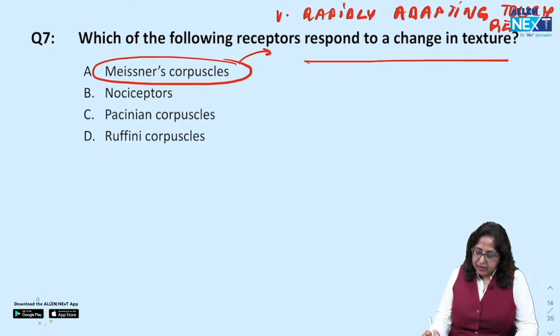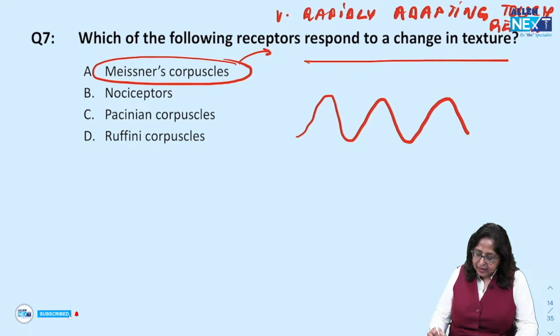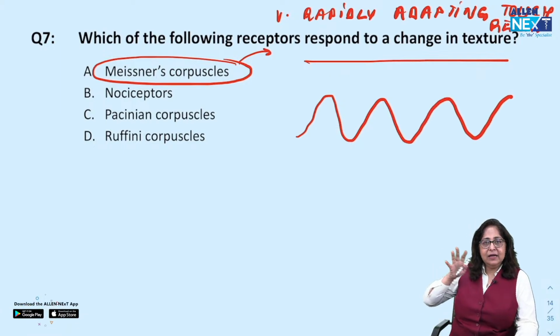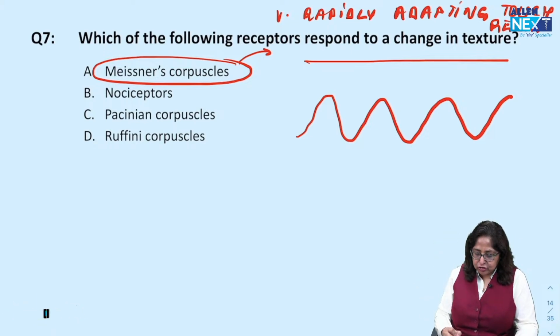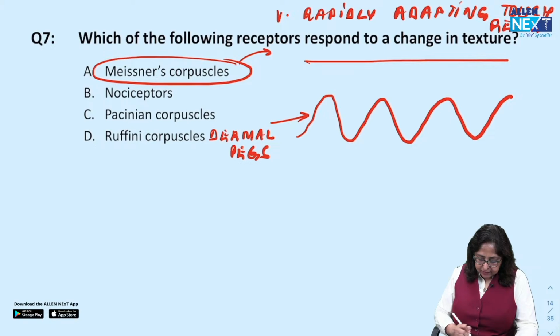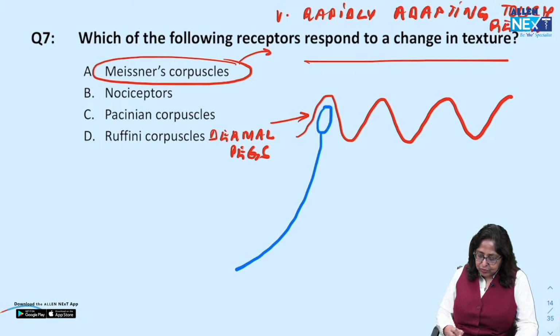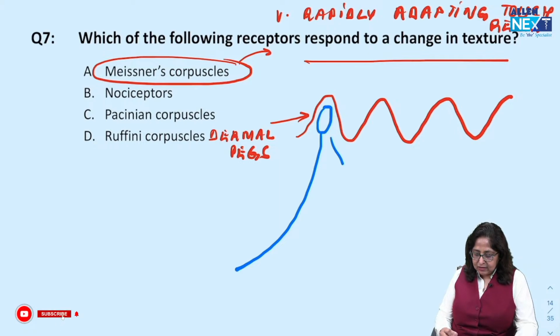Right? And where are these Meissner's corpuscles located? So this is the skin, this is the epidermis and the dermis. Dermis projects into the epidermis. It has these finger-like projections which are called dermal pegs. And what is located in the dermal pegs is this elongated encapsulated receptor, and this is known as the Meissner's corpuscle.